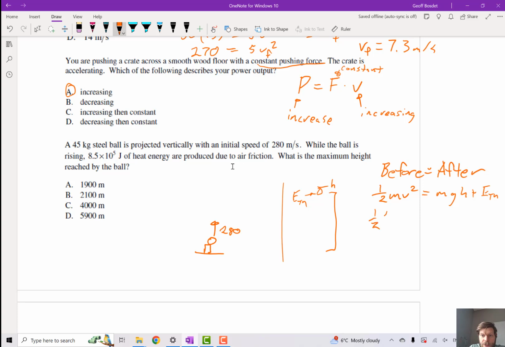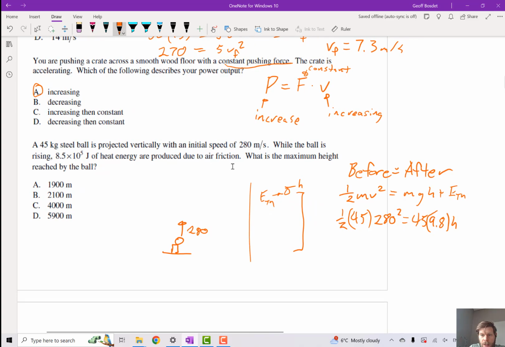So we got 1/2 times 45 times our initial velocity, which is 280 squared, and that's going to equal 45 times 9.8 times our height, which is what we're looking for, plus our thermal, which is 8.5 times 10 to the 5. I'm not going to do the math because I'm trying to do this quickly. But yeah, solve for h using algebra.